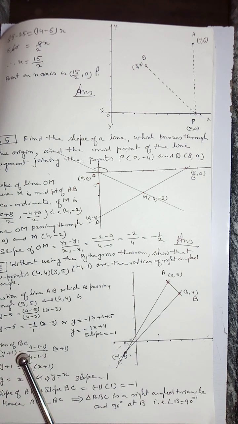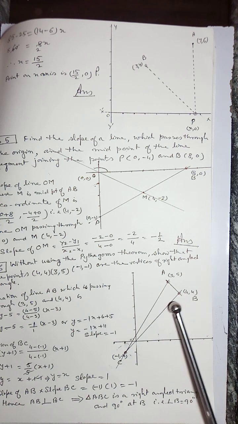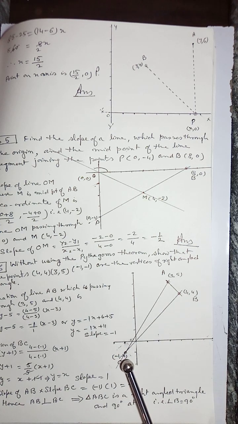Now equation of BC. You see BC. So this line is passing through (4, 4) and (-1, -1).